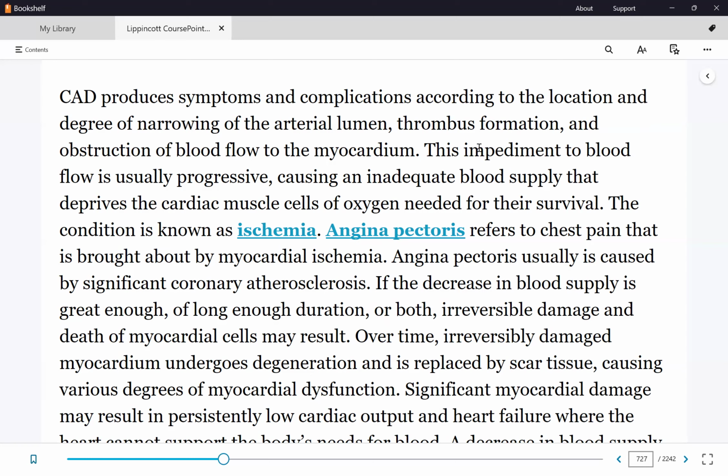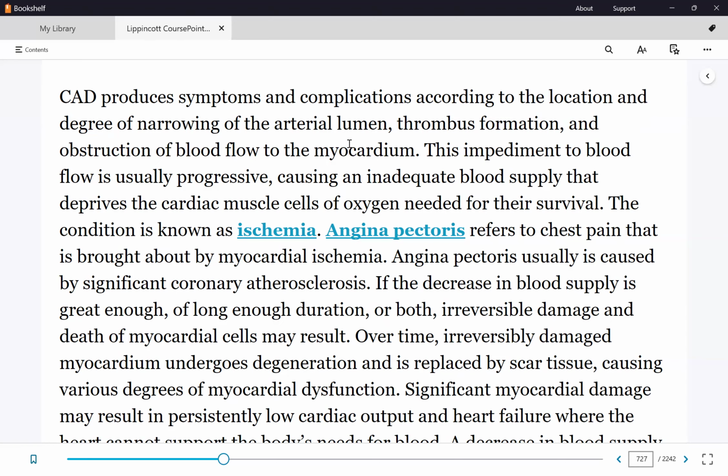So early on in the disease, the patient will be complaining of chest pain brought about by ischemia. Now the chest pain comes on usually triggered by increased myocardial oxygen demand. So any activity that increases your heart rate, because what will happen to myocardial oxygen consumption and demand when your heart rate increases? It increases, right?